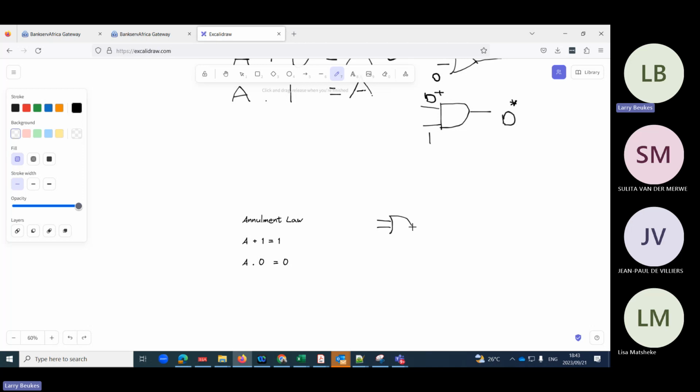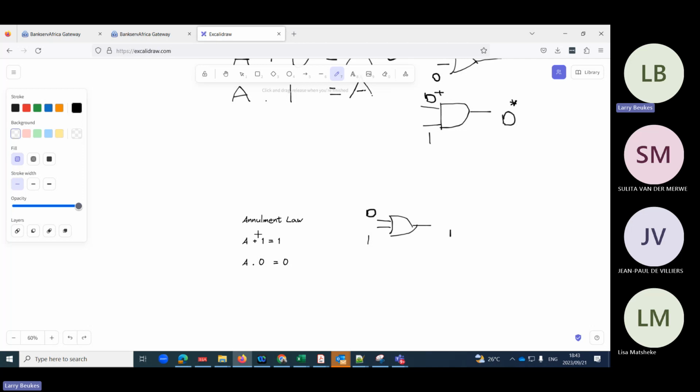Let's start with an OR gate just to show you where it's coming from. So my point is, if we put a 1 here and a 1 here, in an OR gate, we know 1 and 1 is a 1. If both inputs are high, it will be a 1. And if any of the inputs are high, it will be a 1. So 0 and 1 in an OR gate will be a 1, right?